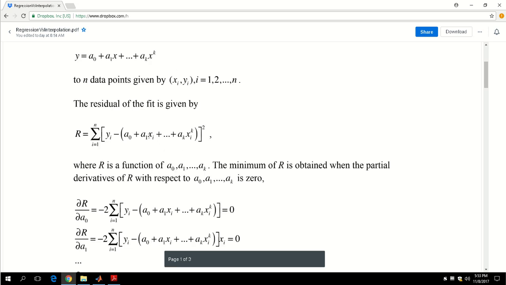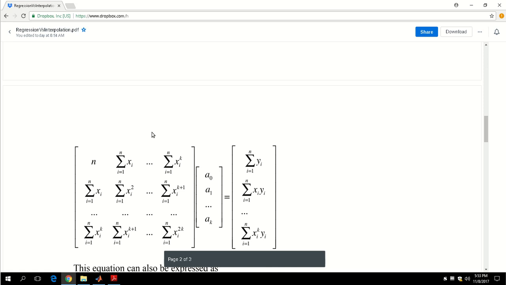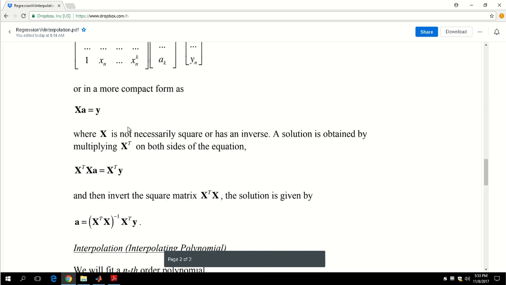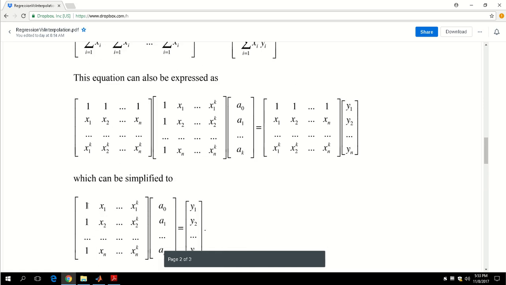All you have to do is add another column to the X matrix. The first column is still just going to be ones. The second column is still going to be the X vector, but the next column is going to be X dot hat 2, right? That's going to be the next vector.